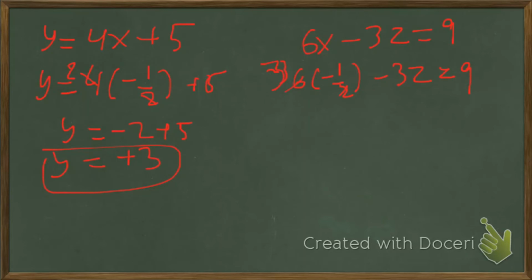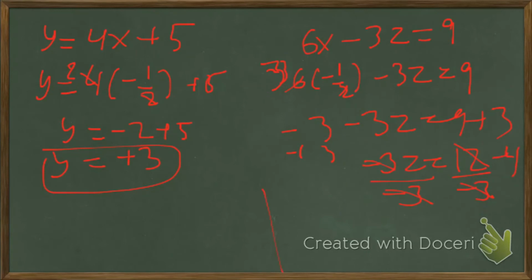So negative 3 minus 3z equals 9, plus 3 on both sides, minus 3z equals 12, divide by negative 3 on both sides, and this becomes minus 4. So z equals negative 4.